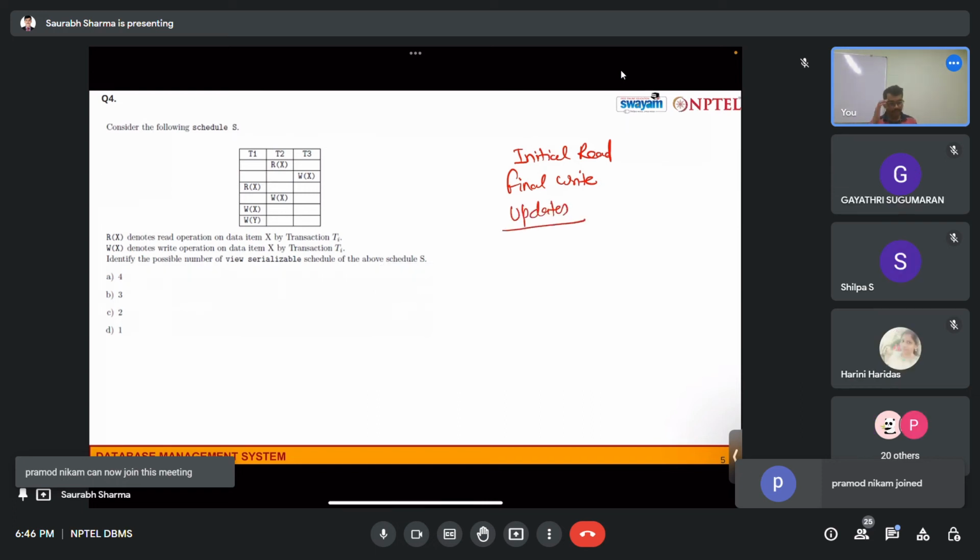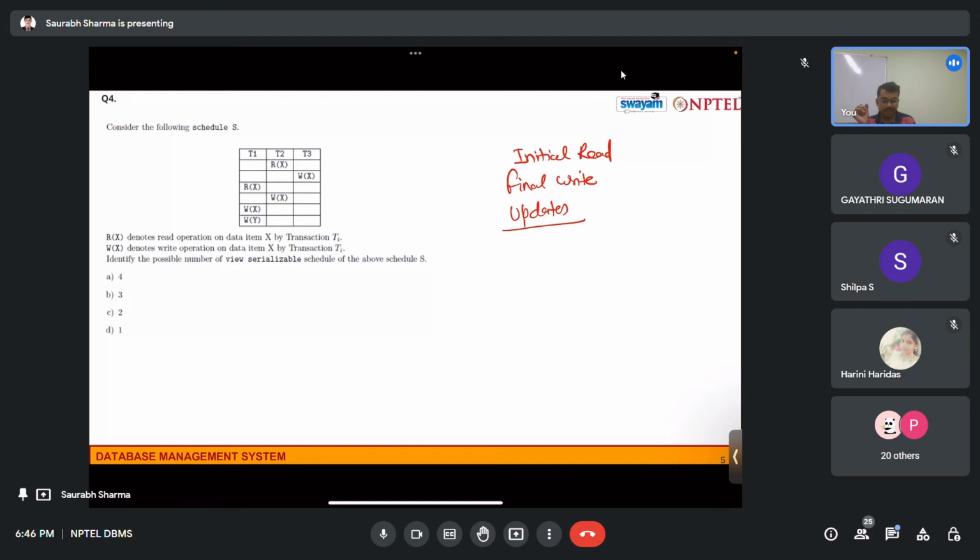The initial read should be the same, the final write should be the same, and the updates in between should be the same, and then we can swap the transactions in between.